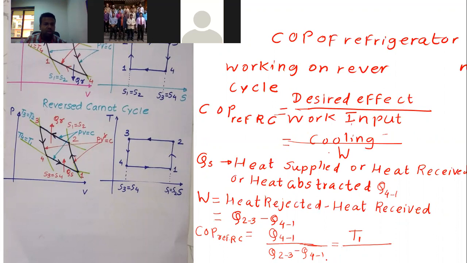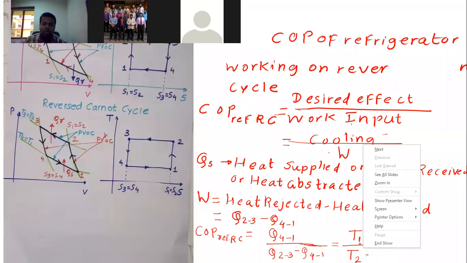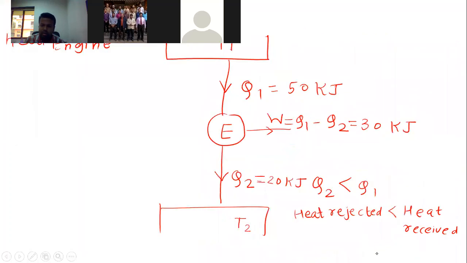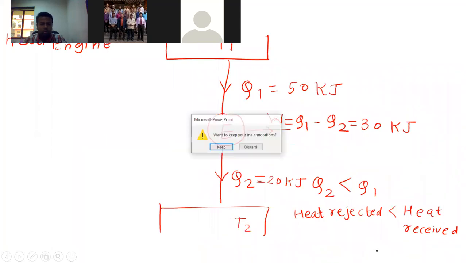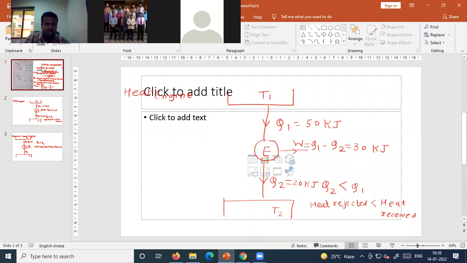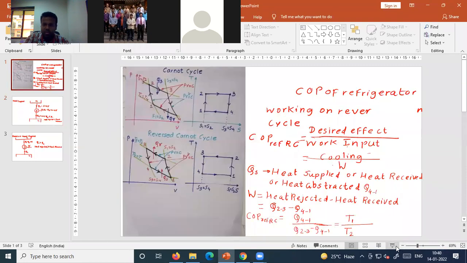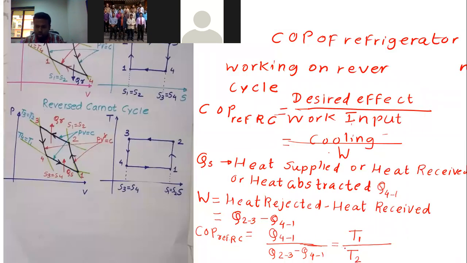It is carried out at what temperature? T2 or T3, so simply I will write this as T2. Minus, again process 4 to 1 is carried out at what temperature? T1. So T2 minus T1.